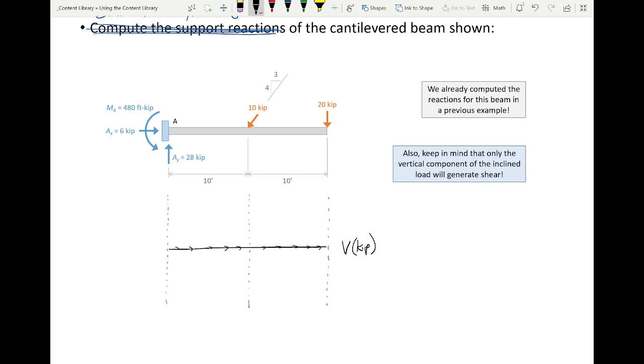All right. So, shear diagram. Let's see what I do. Start at 0, and what do I do? Jump up 28.